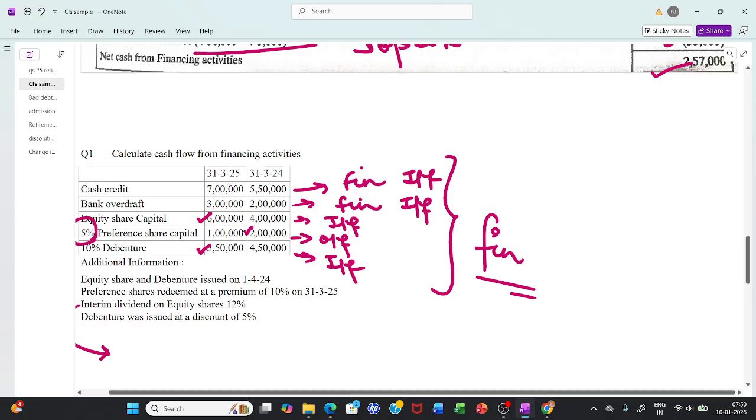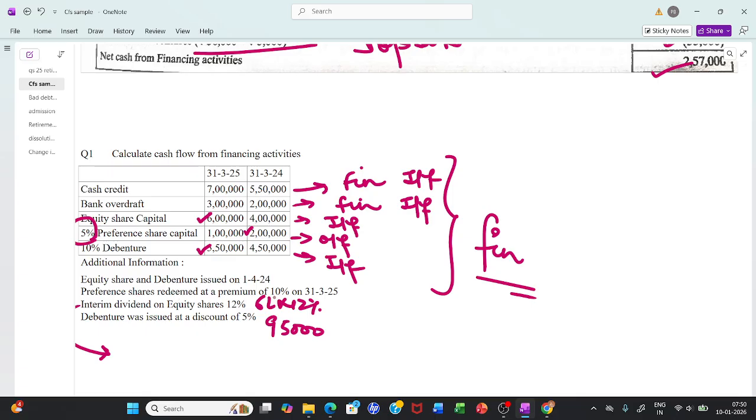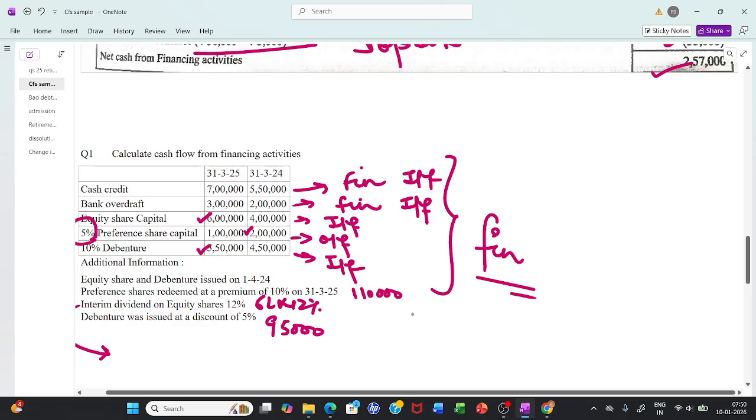That means debentures are not issued at 1 lakh but at 95,000, same as the previous question. And equity dividend is 6 lakh into 12%. This is an outflow. Preference shares are redeemed at a premium of 10%, so we are giving 1 lakh 10,000 to them, and equity shares are issued at par.